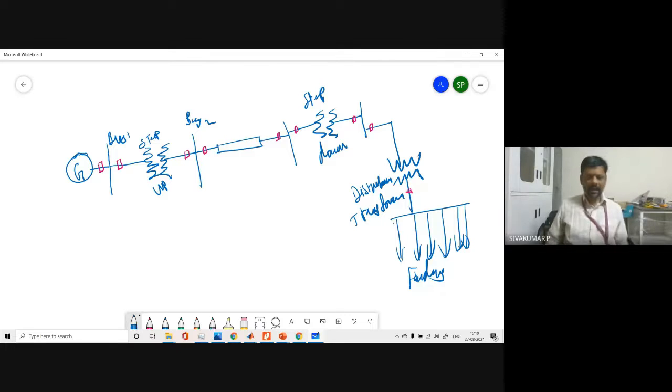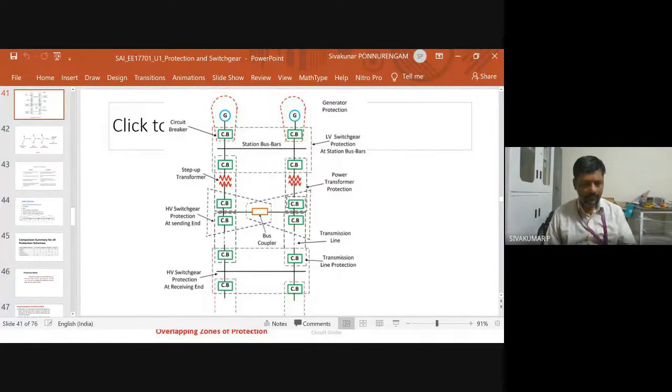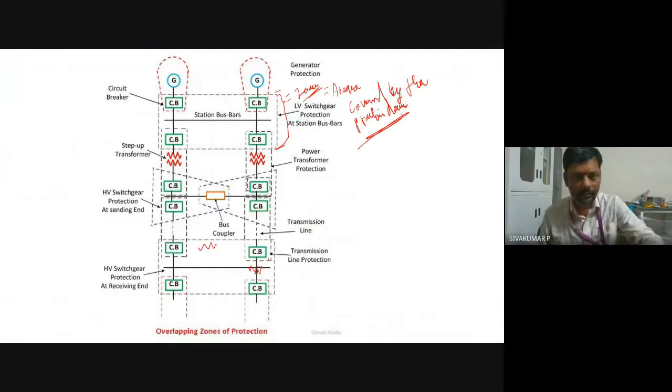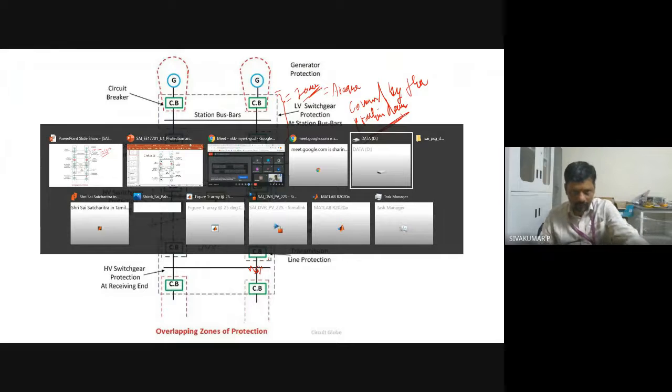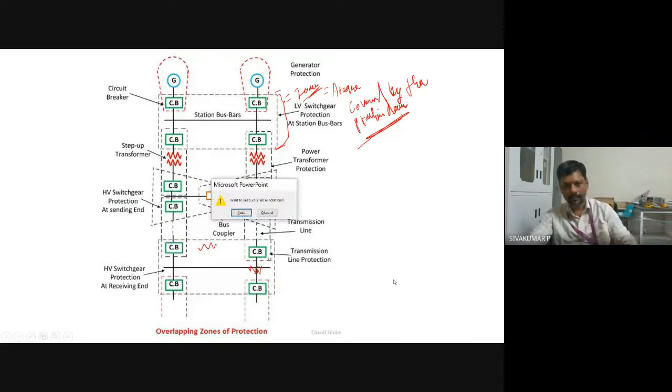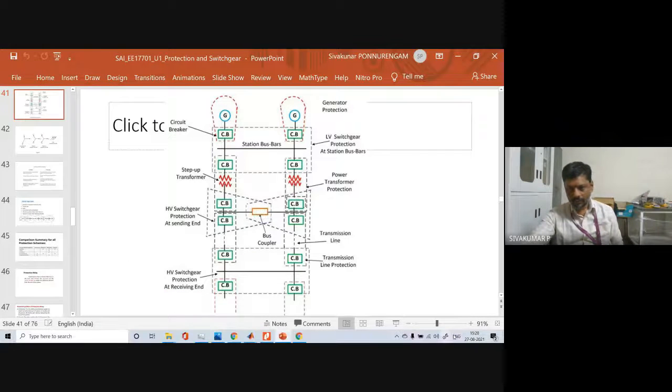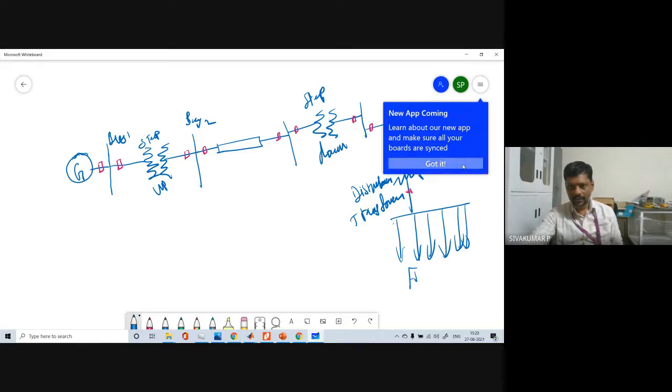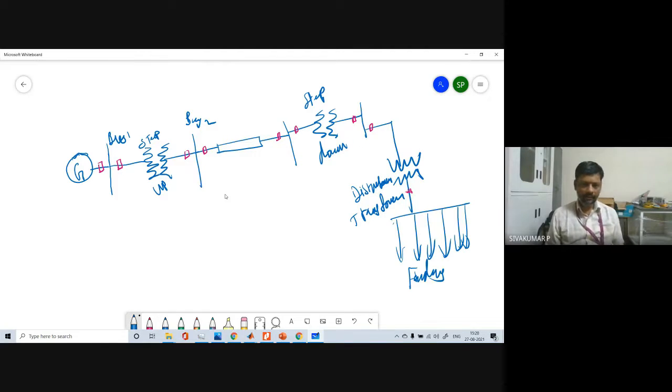Suppose I am also going to fix the CT in a different color.